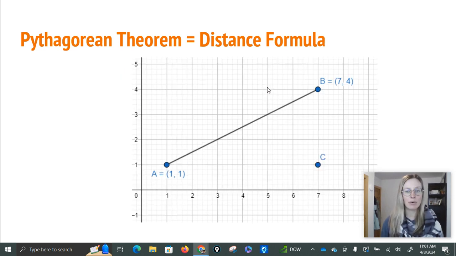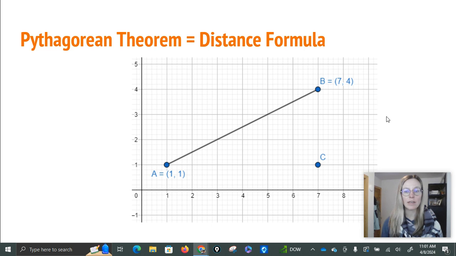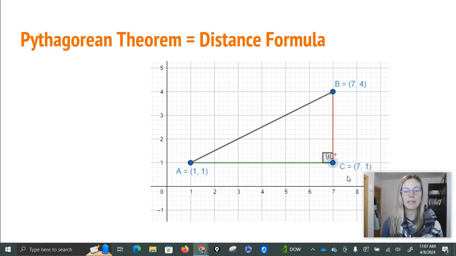To start my process, I'm going to create a brand new coordinate point. Let's call that coordinate point C. And since it is on a grid, I can find the coordinates for that point C. Now, I chose point C very, very specifically. It wasn't just random here and there. I wanted to create that point C so that it creates that specific 90-degree angle there.